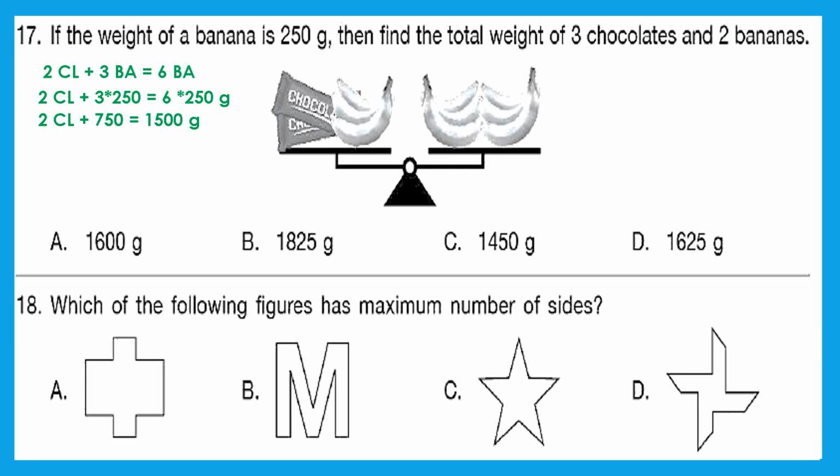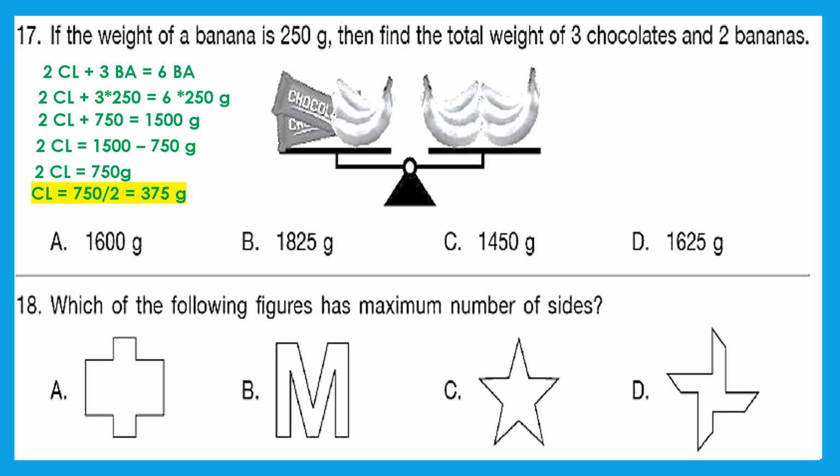We'll get 2 chocolates plus 750 grams equal to 1500 grams. Then 2 chocolates equal to 1500 grams minus 750 grams. 2 chocolates equal to 750 grams and 1 chocolate will be equal to 750 divided by 2, which is equal to 375 grams. Now we got the weight of chocolate also.